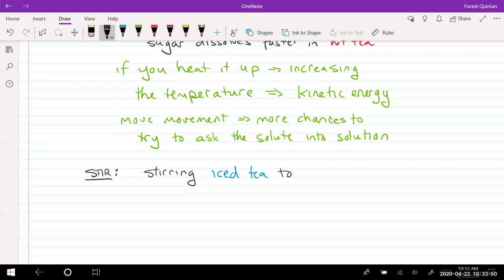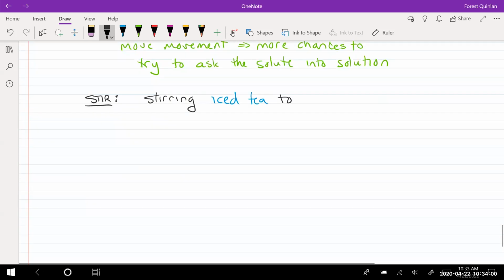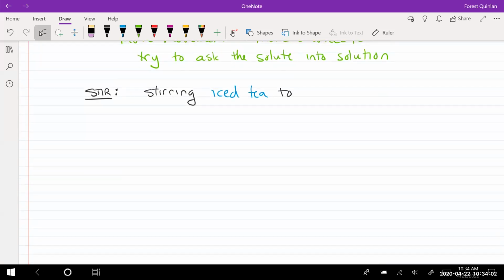Now, all you're doing there is increasing the speed at which it goes in, not making it do something it doesn't want to do. It does want to do it. It's just going to go about it slowly because it doesn't have a lot of energy to get into the solution. So instead you stir it. So you stir the iced tea to make it dissolve faster.